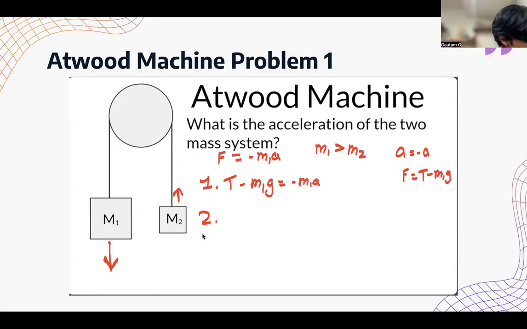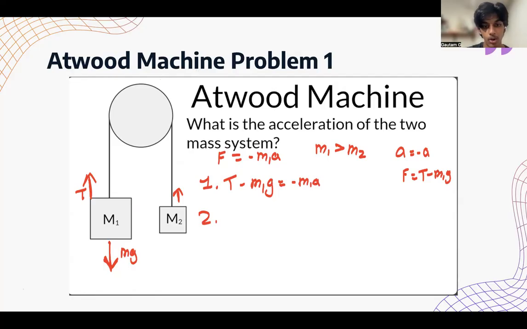Okay, basically we know that there's two forces, right? There's tension acting up on the object and there's mass times gravity acting down on the object, right? You guys are gonna be verbal with me if you're confused, okay? We can get that part, correct? That there's two forces acting on mass one.